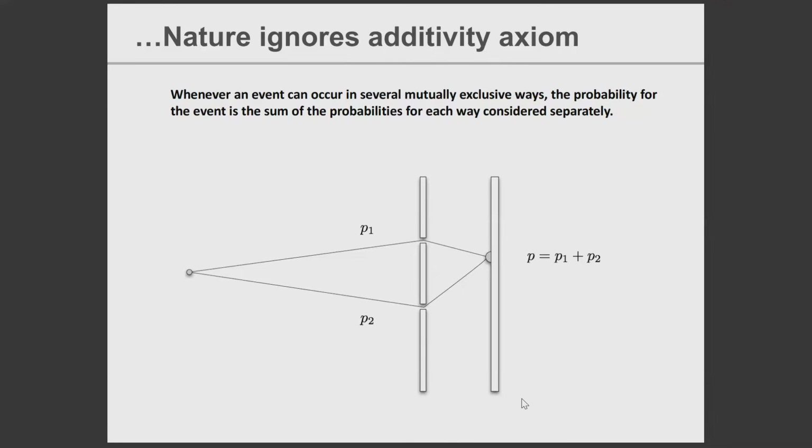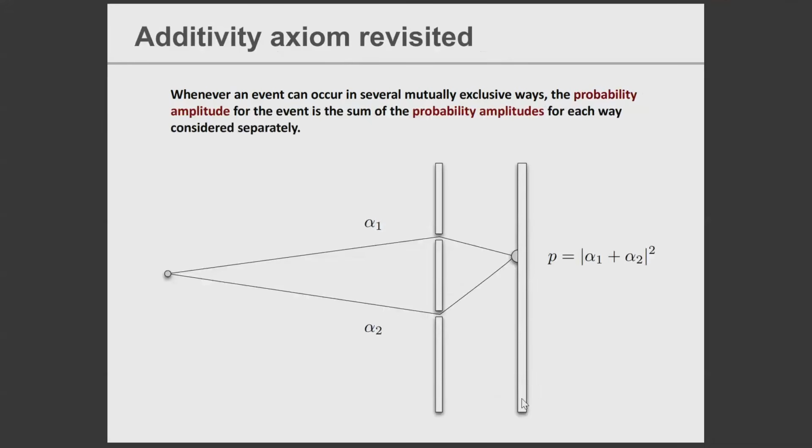If the probability of taking one path is P1, and the probability of taking the other is P2, the probability that it will end up there is P1 plus P2. But if you set up the experiment, that's not exactly what happens. We have a counterexample to this claim. Nature doesn't really follow this.